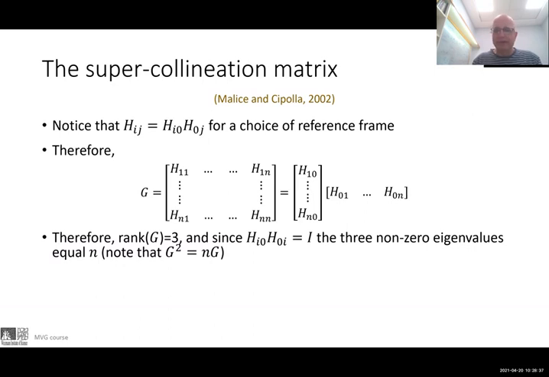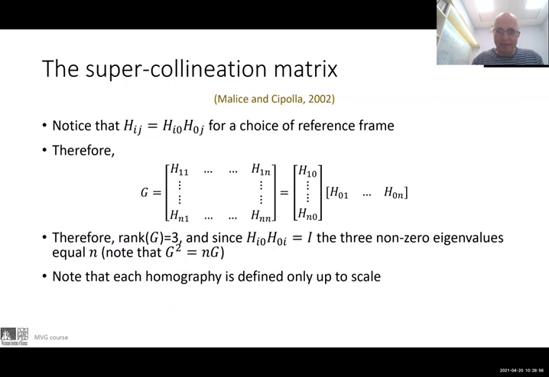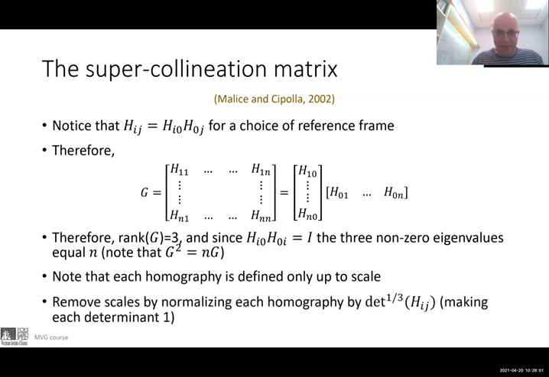But there are two things to say. One is I estimate the homographies from features, so they might not be consistent. They might not satisfy these equations. And also I estimate them only up to a scale factor, and I need to get rid of the scale factor. It turns out that there is a simple way to do that.